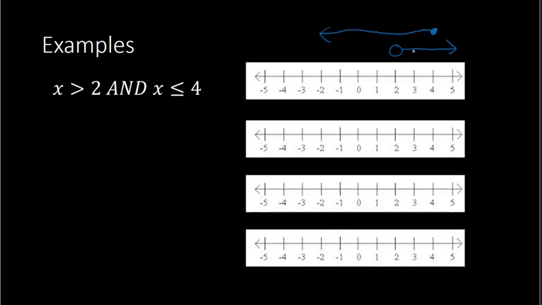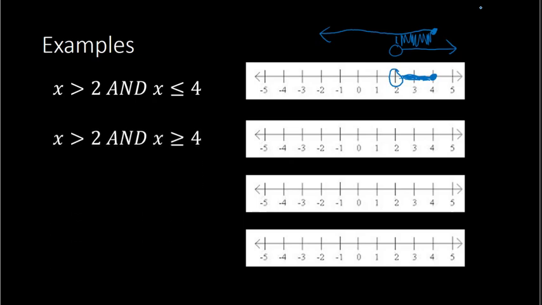So for an and statement, we shade where they overlap. So they overlap right here in between the 2 and the 4. So my graph is going to be an open circle at the 2, closed circle at 4, and shade everything in between. So that would be my graph.